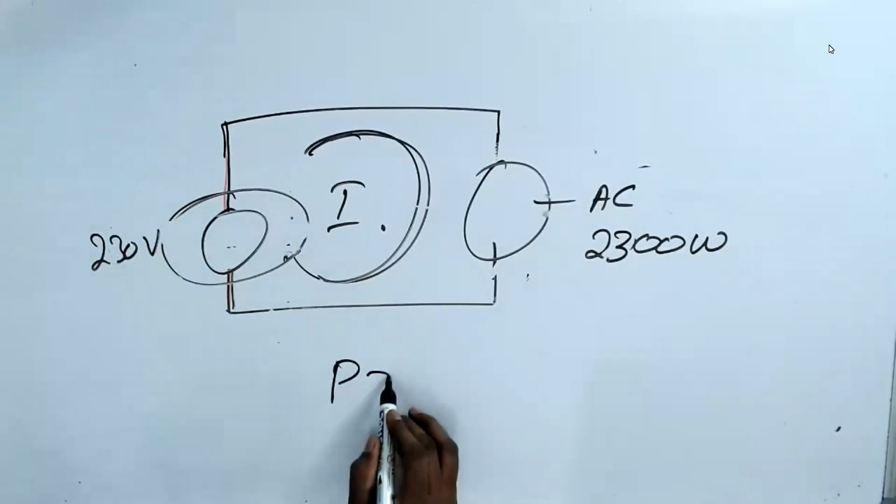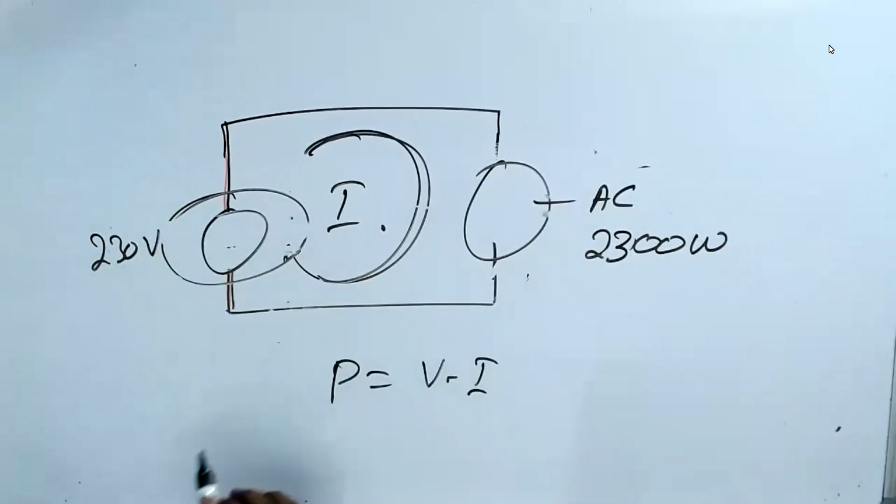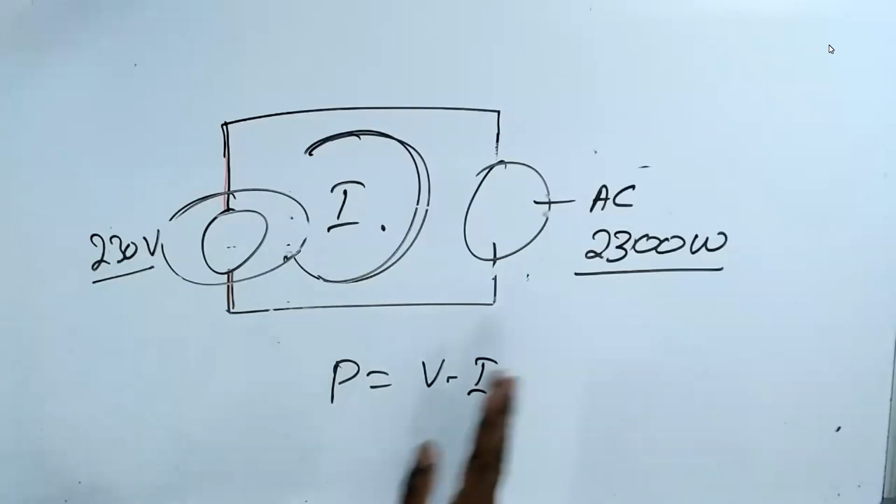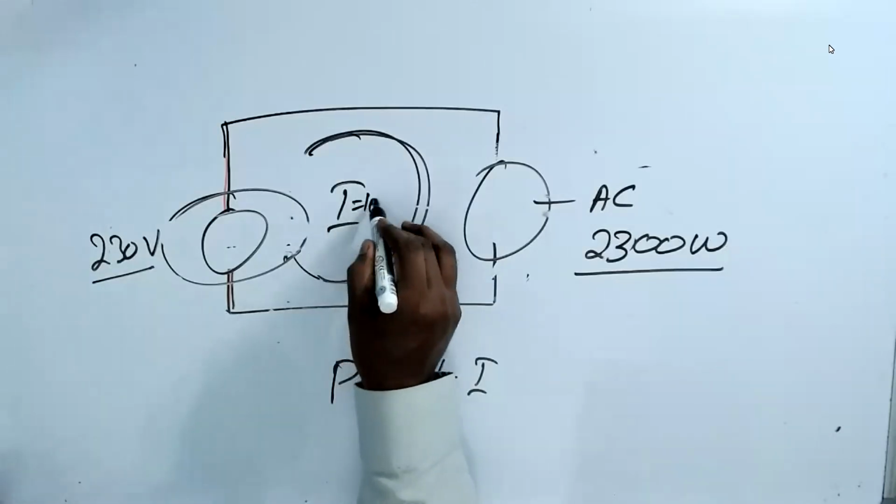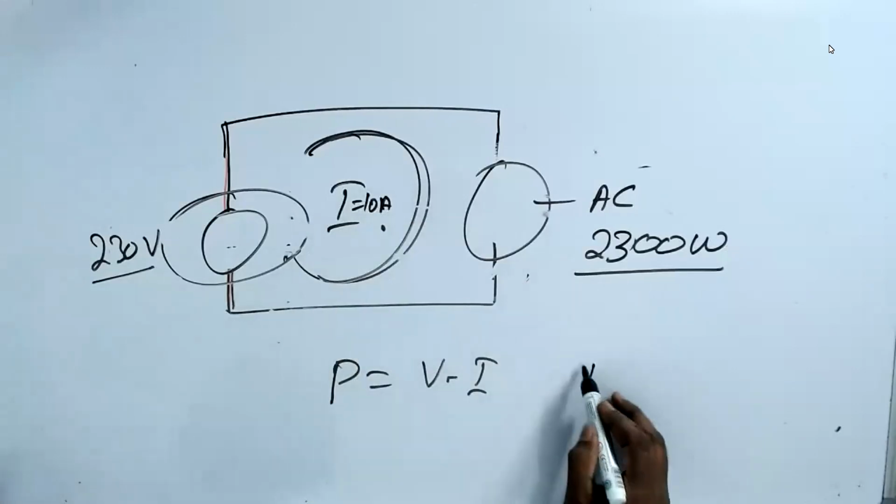We know P is equal to V into I. You apply 230 volts and 2300 watts. The issue is here. I is equal to 10 ampere, because I is equal to P by V.